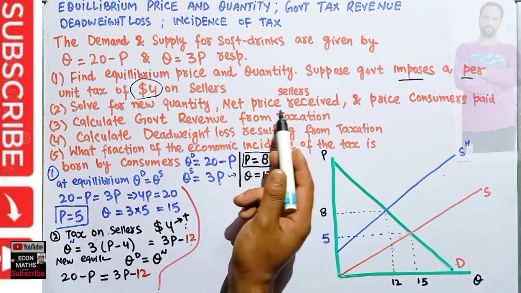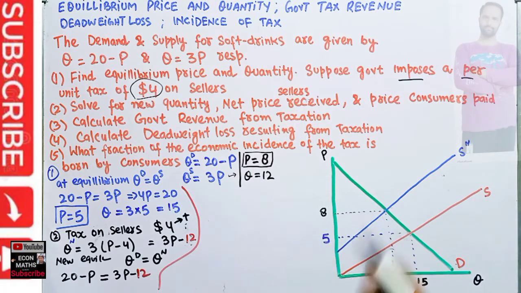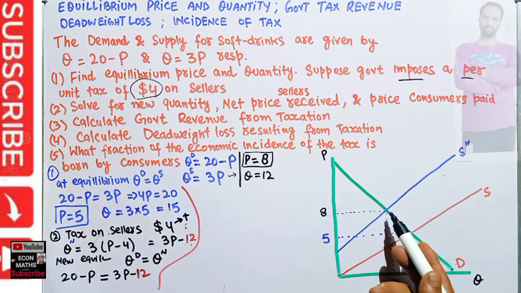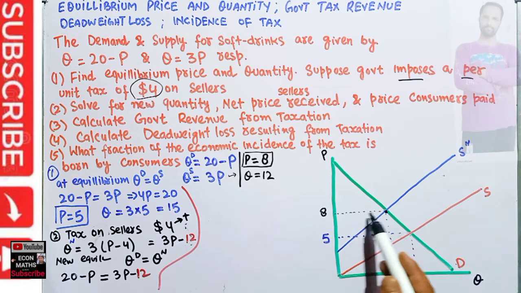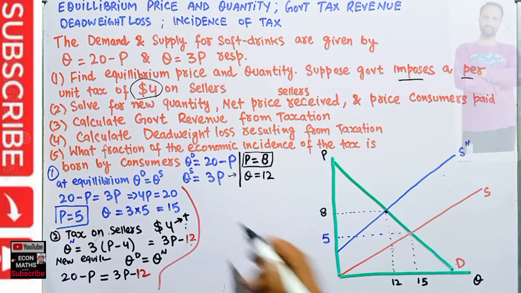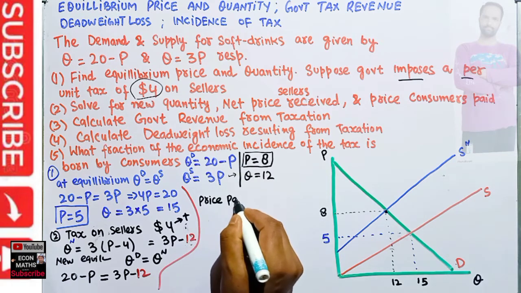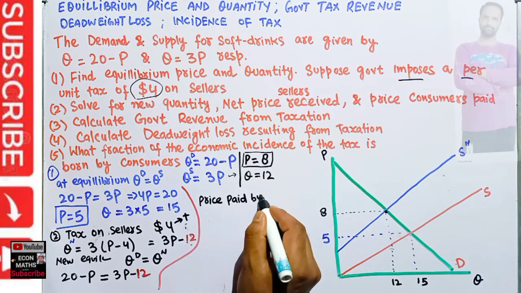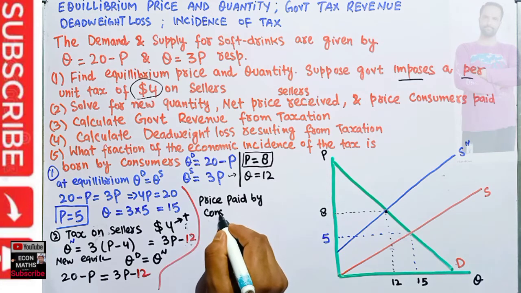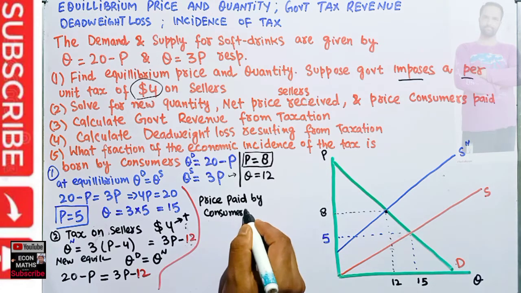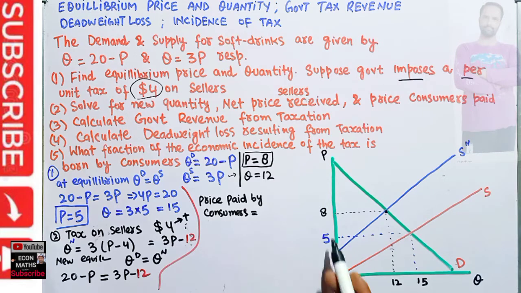Now what is the net price sellers received? Let us see the price that is being paid by the consumers here. This 8 denotes the price paid by buyers. So the price paid by consumers will be equal to $8.